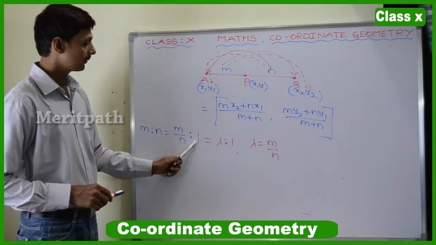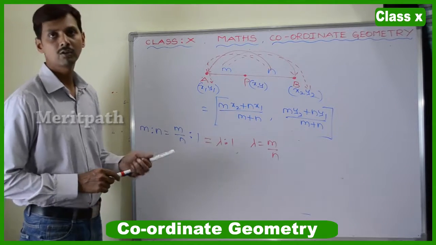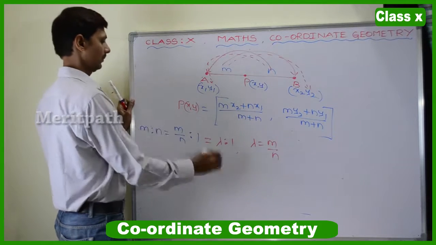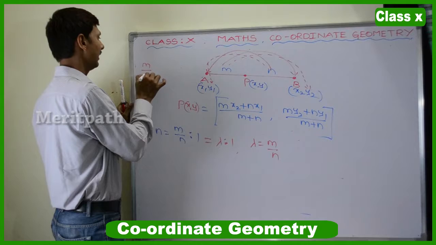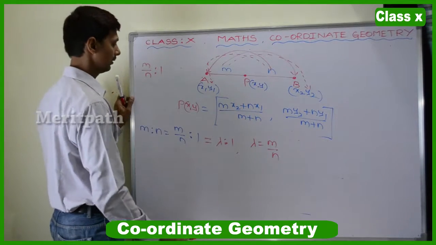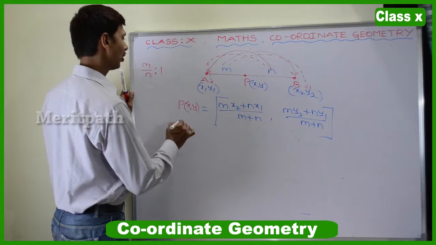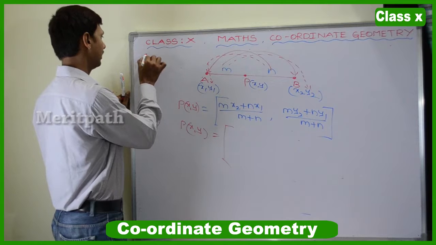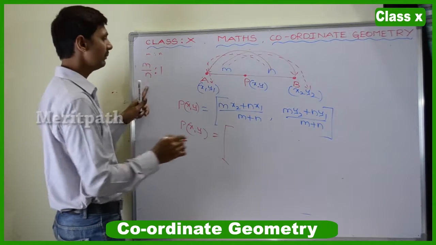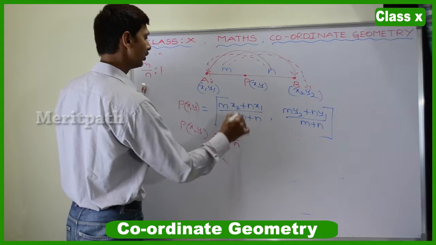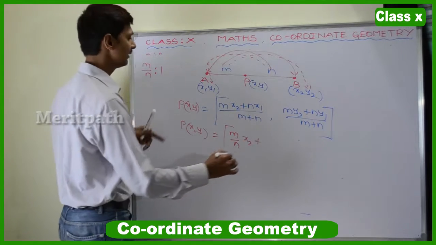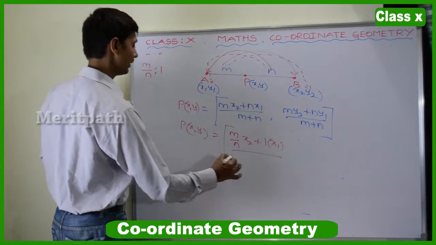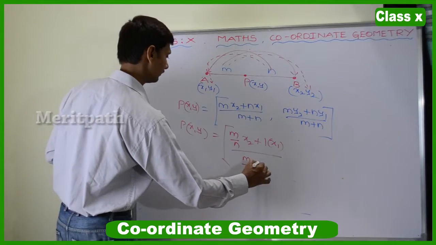Where m by n is to 1 is the ratio, let us find out the section formula for this. P(x, y) is equal to, taking the ratio as m by n is to 1, m is the value m by n into x2 plus n is the value 1 into x1, divided by m by n plus 1.